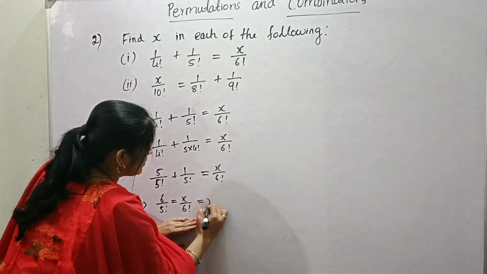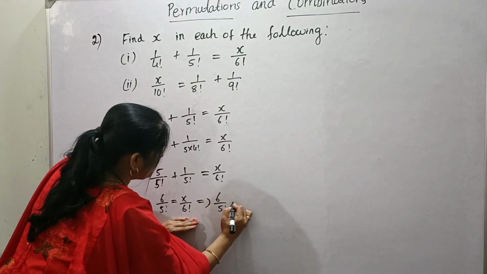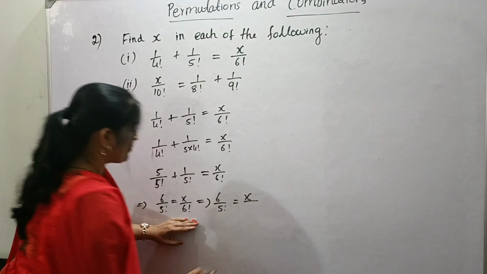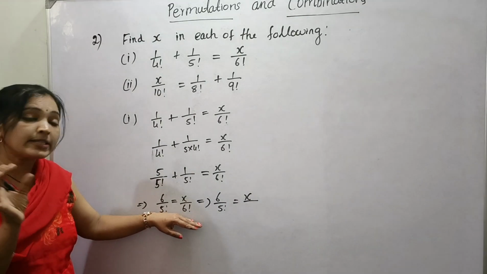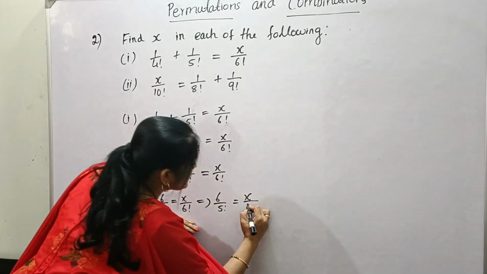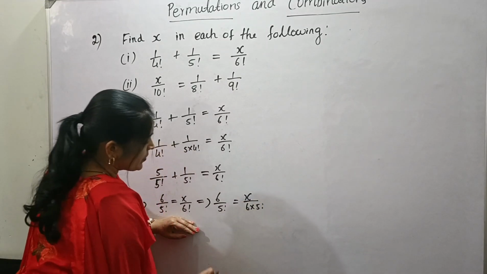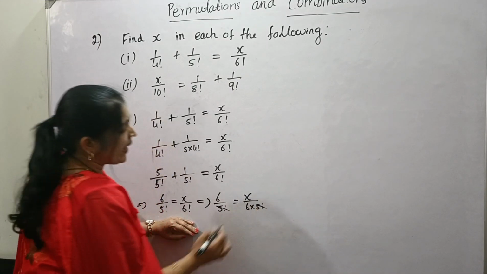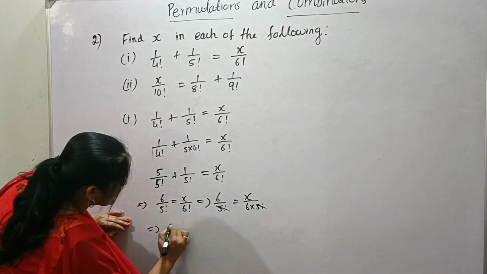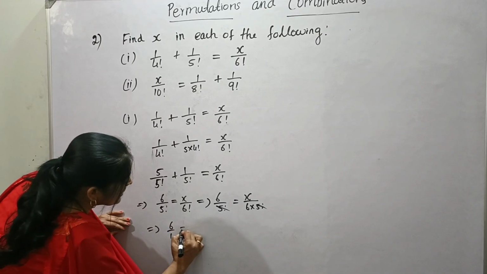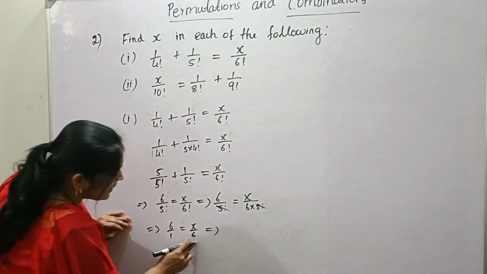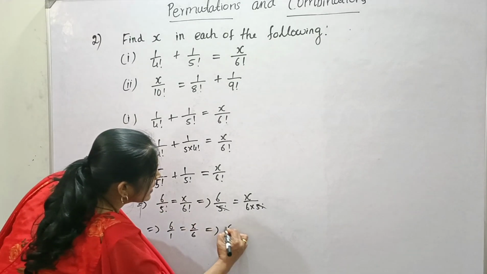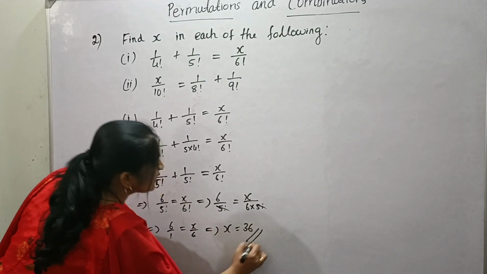Here 6 factorial can be written as 6 into 5 factorial, right? So here 5 factorial is cancelled. That implies 6 divided by 1 is equal to x divided by 6. That implies x is equal to 36.